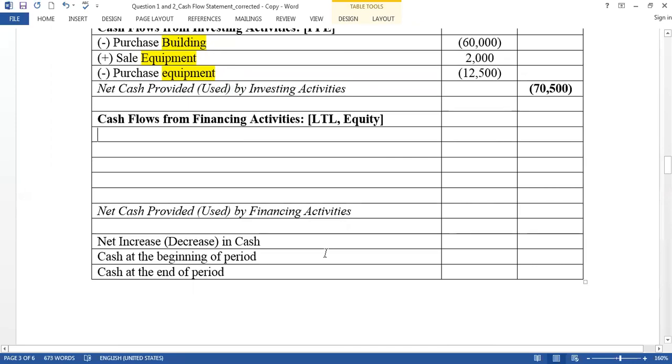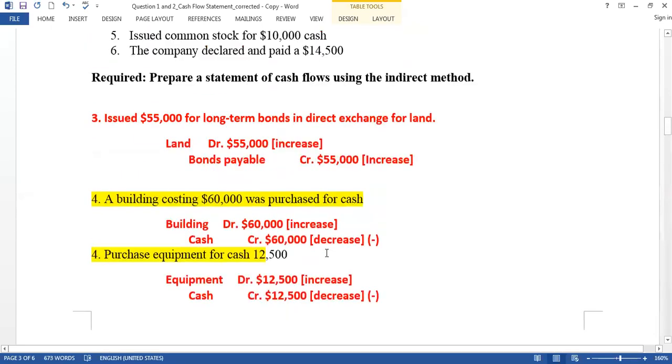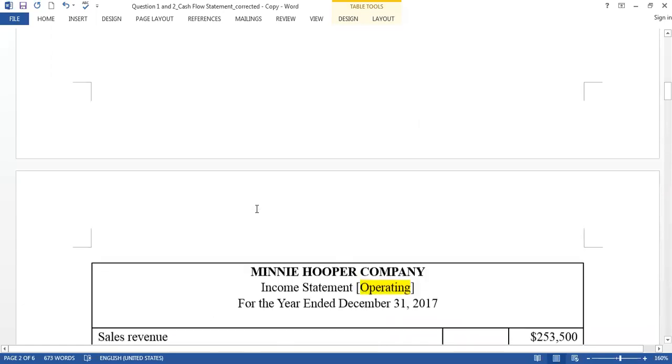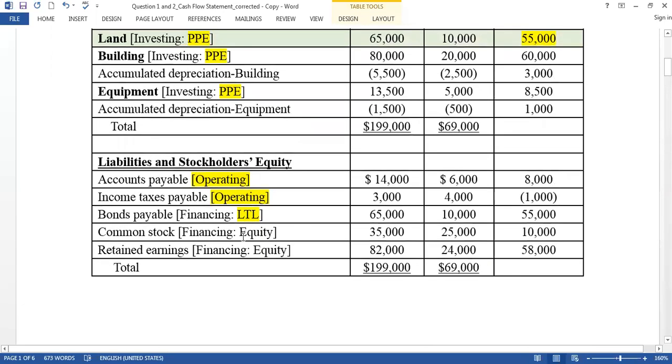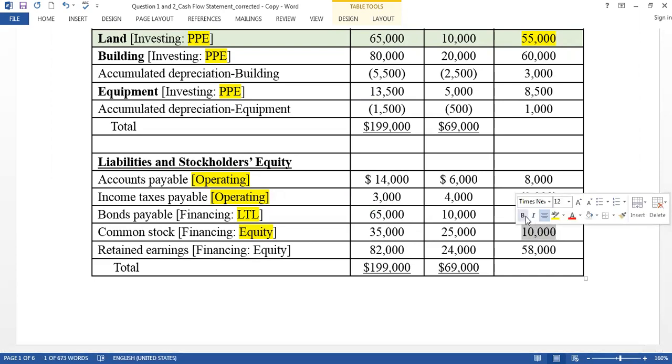Okay. Now do we have any other long-term liability? No, we have only one long-term liability. Now we have equity, common stock. Now we find that common stock increased $10,000. So we have to see whether our question has any connection or not.